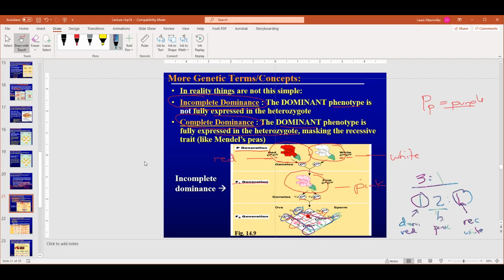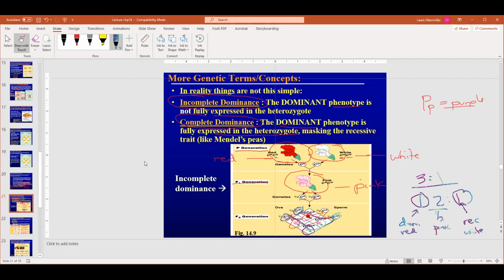So on the test, I might ask you, you cross two guinea pigs together, one's black and one's white, and you get brown offspring, and this happens with labs too. Is that incomplete dominance or complete dominance?